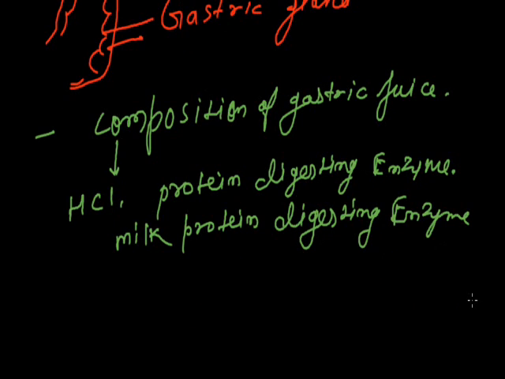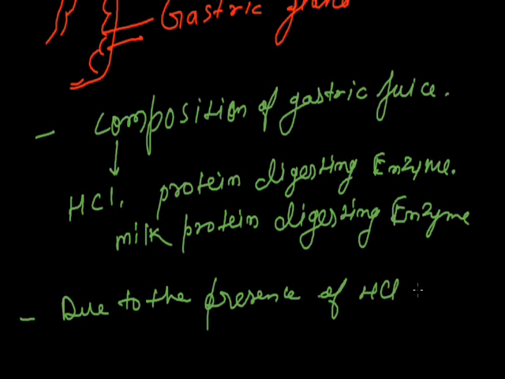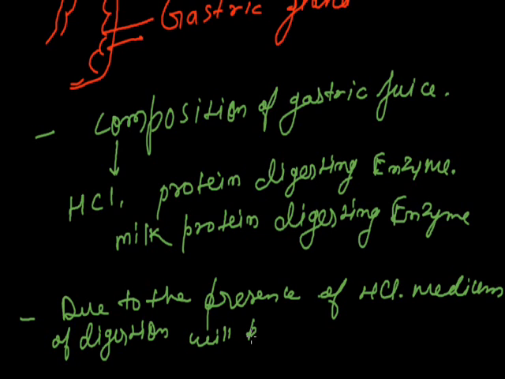Whenever food enters the stomach, the digestion of food will be in an acidic medium. It means that due to the presence of HCl, the medium of digestion will be acidic.